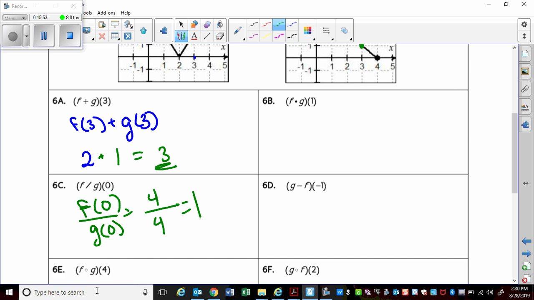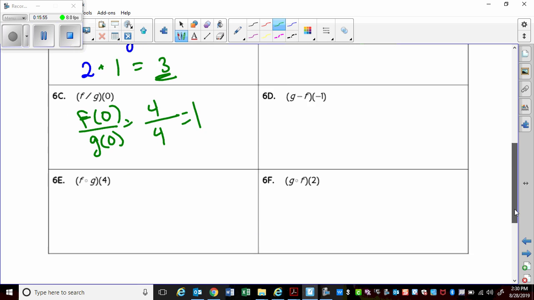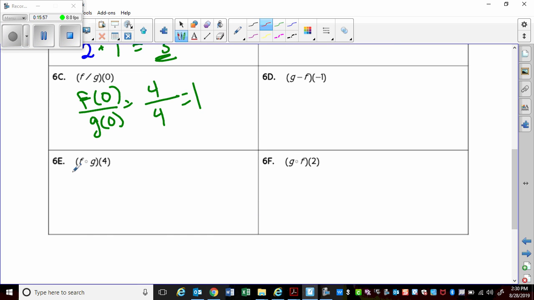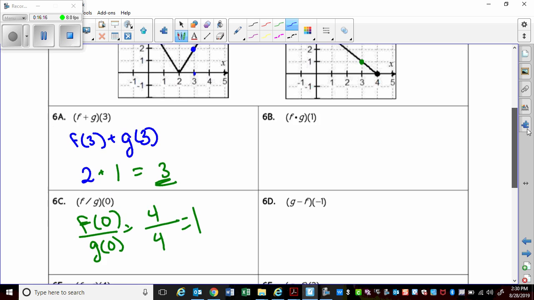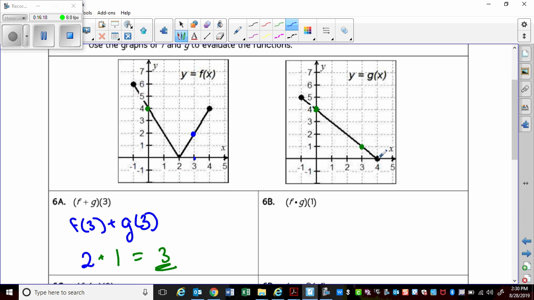Let's try composition. f of g at 4. So this one is a little tricky. This one is the same as f at g of 4. So this one we always start from the middle and work our way out. So g at 4, I'm going to start with this. That means I'm going to go to the g function, go over to 4, and I see this is 0.